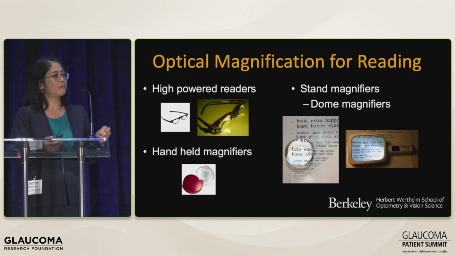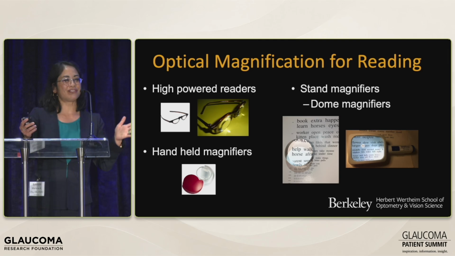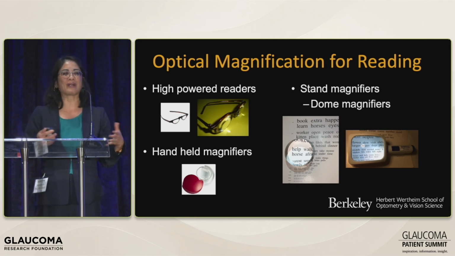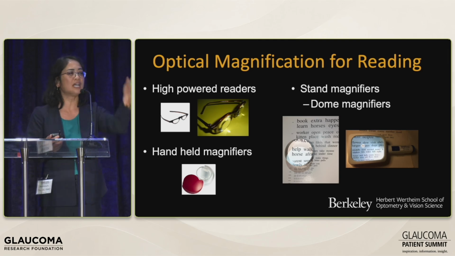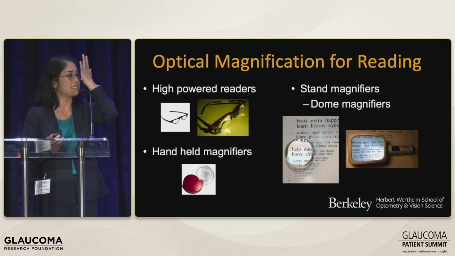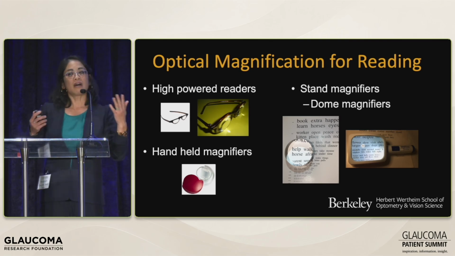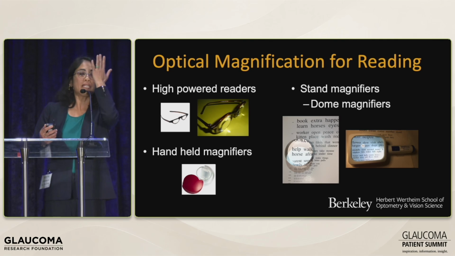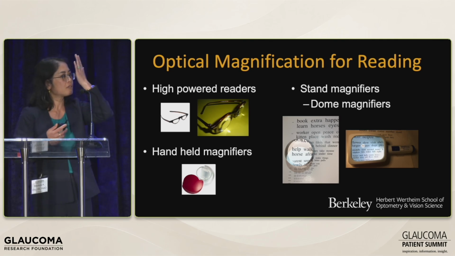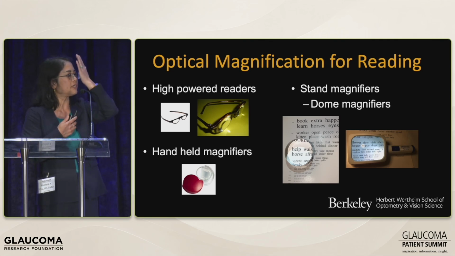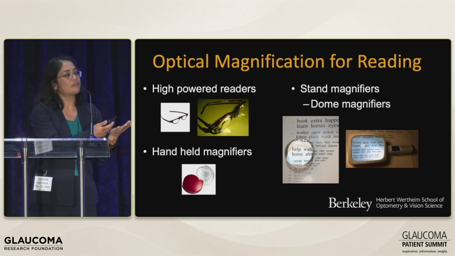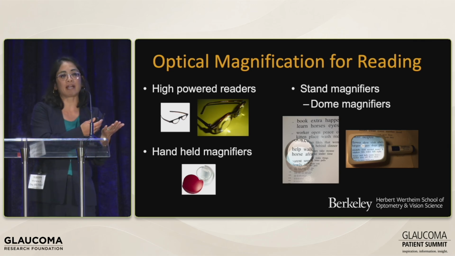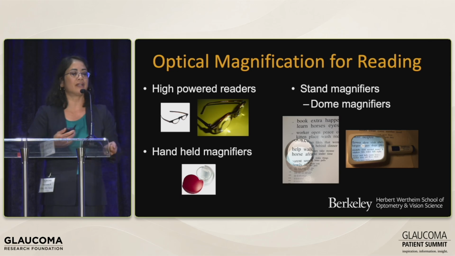One of the things to keep in mind is the laws of physics. The stronger you make the magnification, the closer you have to hold it to keep it focused. Not a lot of us want to hold our reading material right up to our eyes, so instead of strong reading glasses, you can hold it a little bit farther away and use a handheld magnifier or a pocket magnifier.